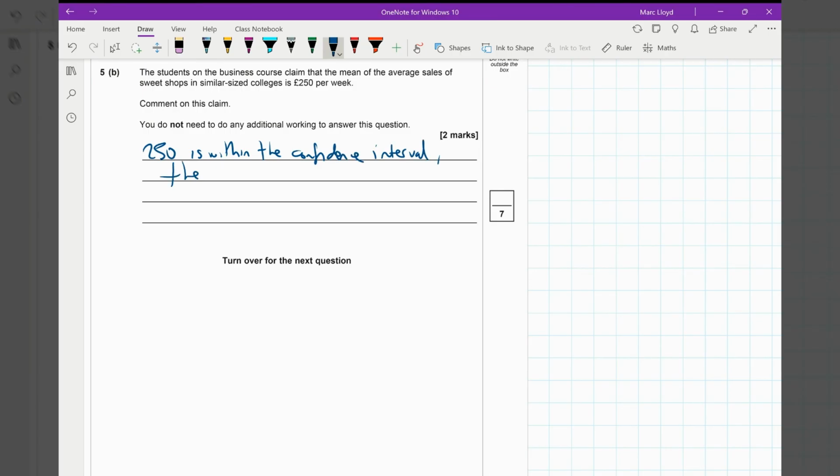And then they are correct, which is the second mark. Alternatively, if you've messed up your confidence interval in the previous bit, you get follow-through marks. So you could put that 250 is not within the confidence interval, and therefore they are incorrect, and score 2 marks, so fully correct for 5B, if you've got 5A incorrect.